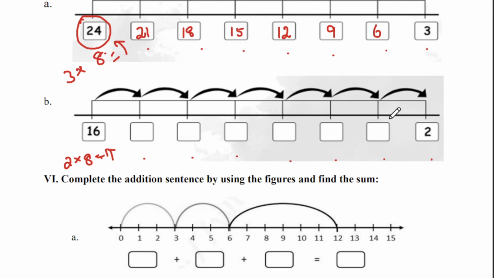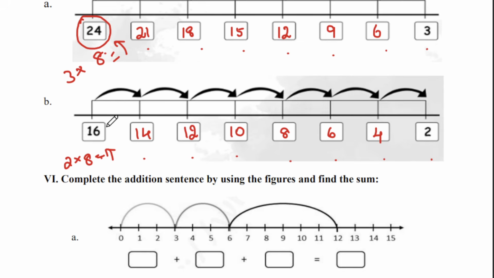So easily you can write 2 ones are 2, 2 twos are 4, 2 threes are 6, 2 fours are 8, 2 fives are 10, 2 sixes are 12, 2 sevens are 14, and 2 eights are 16. So very easily you can write the answer, students.